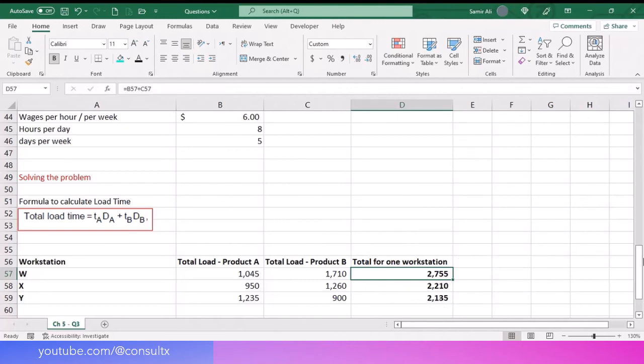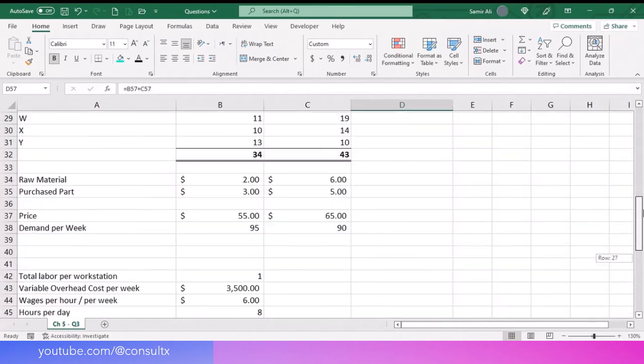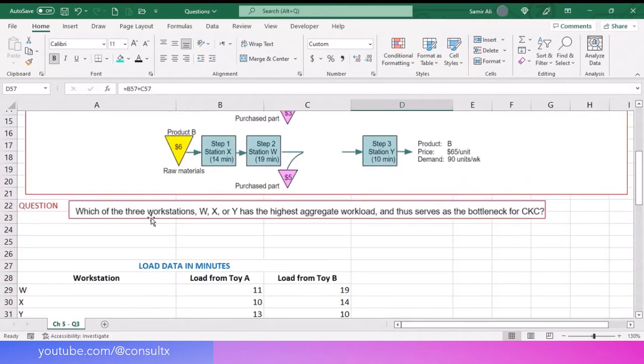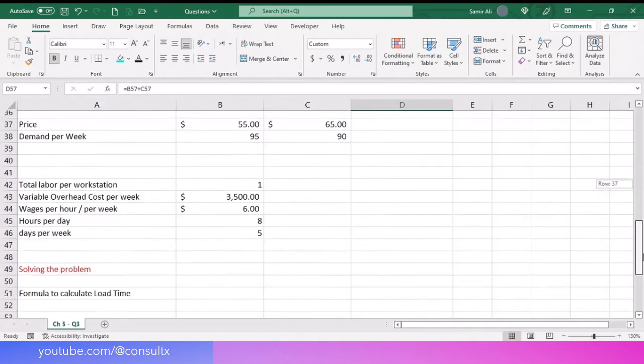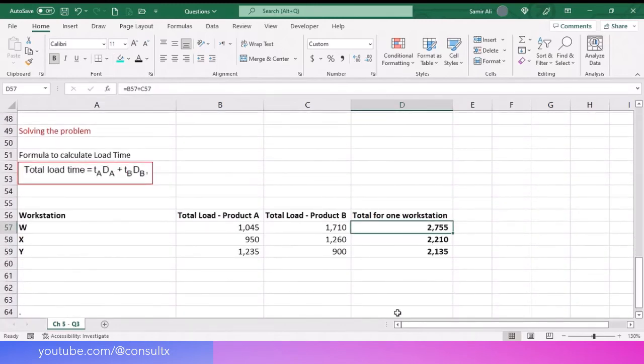So our answer would be, which of the three workstations has the highest aggregate workload? That would be workstation W, and this serves as a bottleneck for CKC. And if you want to know the number of minutes as well, it would be workstation W, and the total minutes is 2,755.